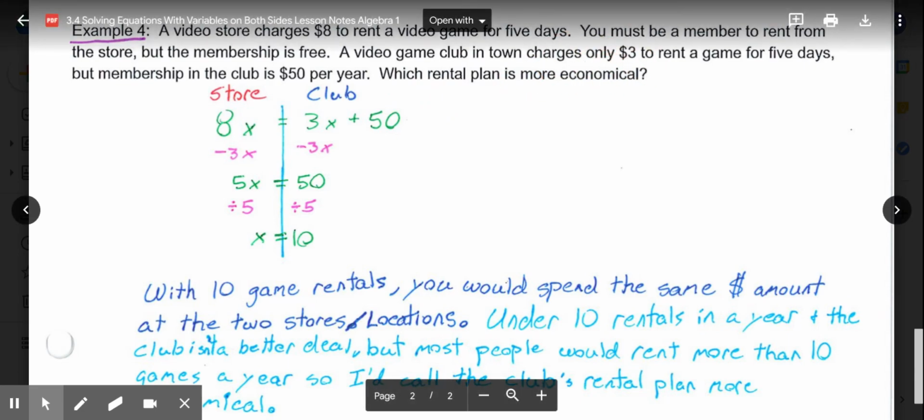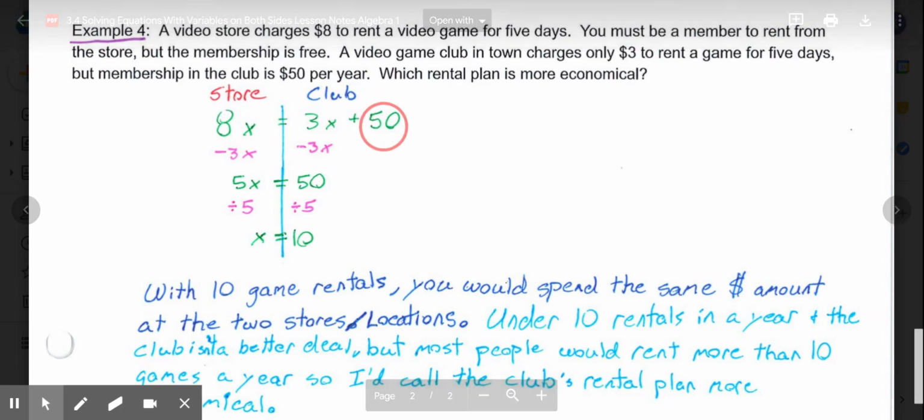So every 1 year. In this case, the club would cost you $50 no matter what, plus $3 per rental. So what we can do is figure out when we would break even, meaning when would the store plan equal the club plan.